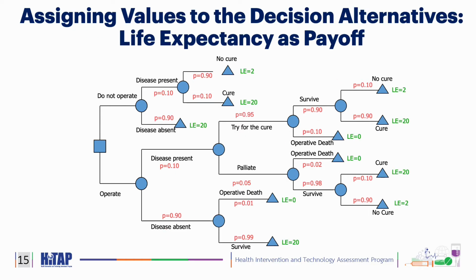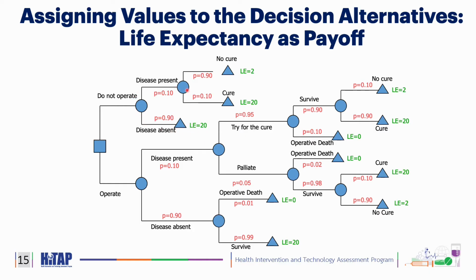So after we have the decision tree that represents the sequence of events, and we have the probability of each chance ready, then we assign the value to the decision alternative. The example I will use is life expectancy. Starting from the do not operate scenario, if the disease is absent, the life expectancy would be around 20 years.